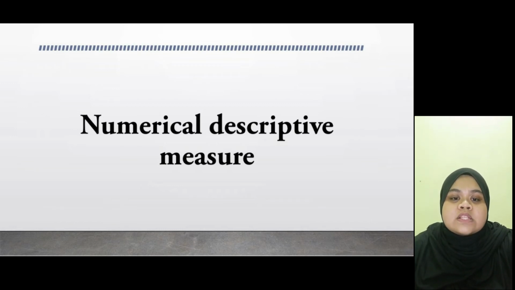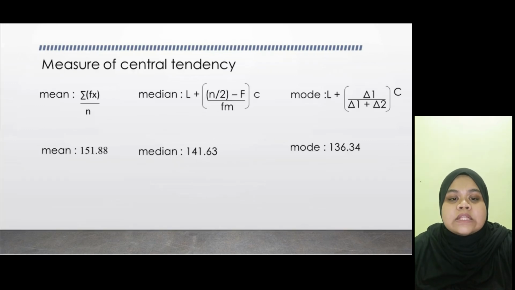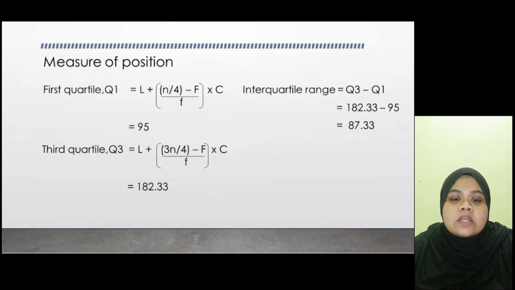So first, for measure of central tendency, our mean was 151.88. Our median was 141.63. Our mode was 136.34. In our measure of position, our first quartile was 95.